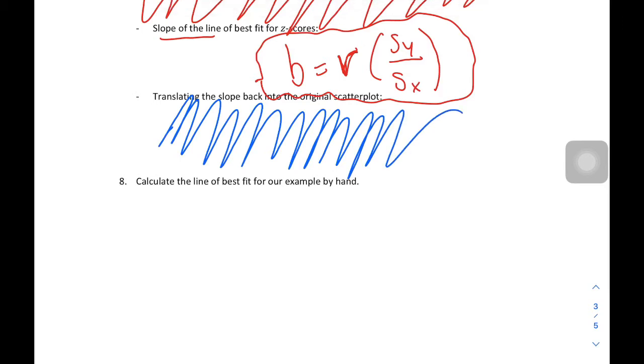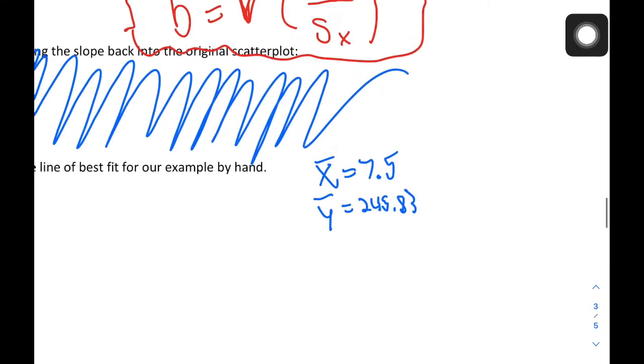So for example, let's say this exact same situation, the number of jeans and the total cost. The question could have said, hey, on average, you buy 7.5 pairs of jeans, and on average, they cost $245.83. And then if they also gave you the standard deviation for each of these, and I'm just going to tell you what they are.